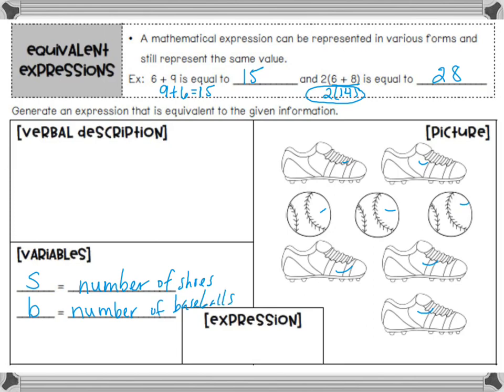So then I've got to come up with a verbal description. Verbal means using words that you would speak to explain this scenario. So let's say, for example, that Sam owns 5 shoes and 3 baseballs.